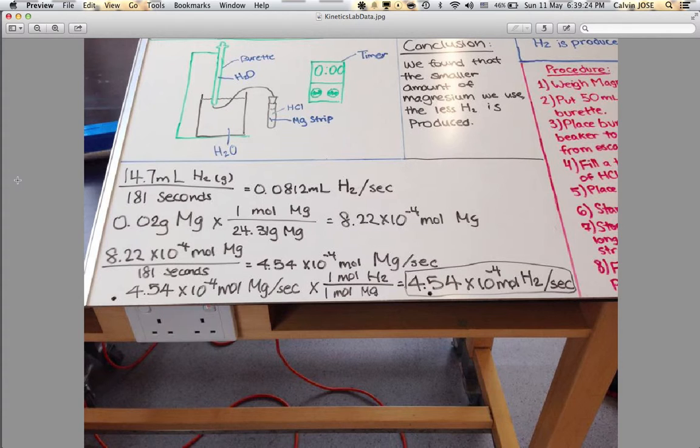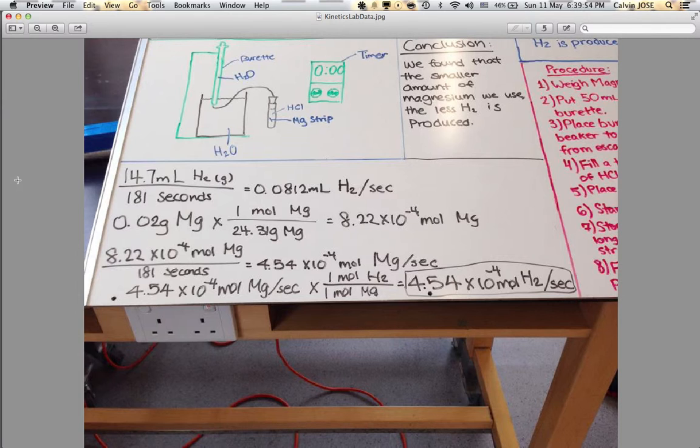And so from 0.02 grams divided by 24.31 grams, we got 8.22 times 10 to the negative 4 power moles of magnesium. And to find moles per second, we took the amount of moles, 8.22 times 10 to the negative 4th power moles of magnesium, divided by the time, which was 181 seconds, and we got 4.54 times 10 to the negative 4th power.